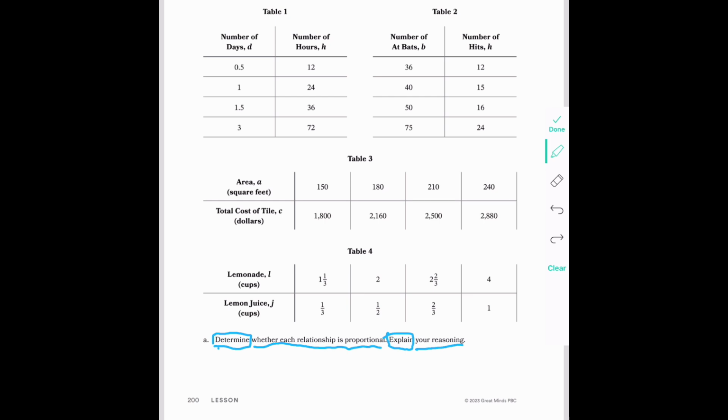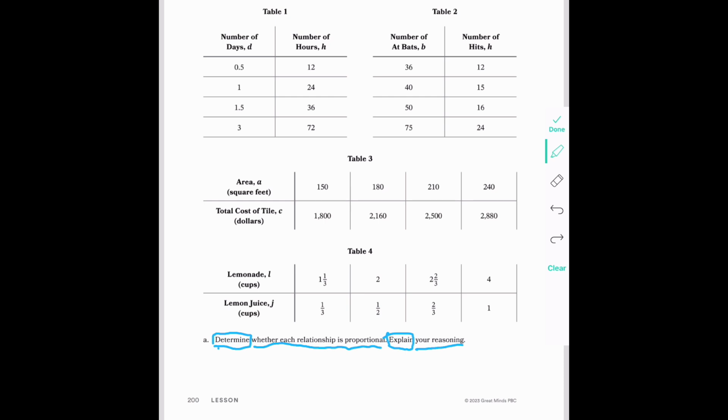I'll do table 1 with you, and then I want you guys to look at tables 2, 3, and 4 on your own and see what you figure out. So if we look at table 1, I could look at this in multiple ways, right? If I use my technique, first of all, I have to classify out of the 2 things, what is the X and what is the Y. It says number of days, number of hours.